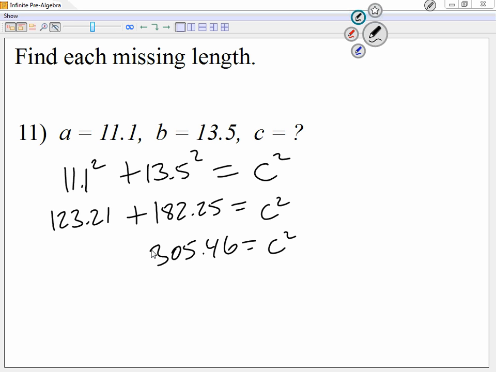So c squared is 305.46. That means that c is the square root of 305.46.